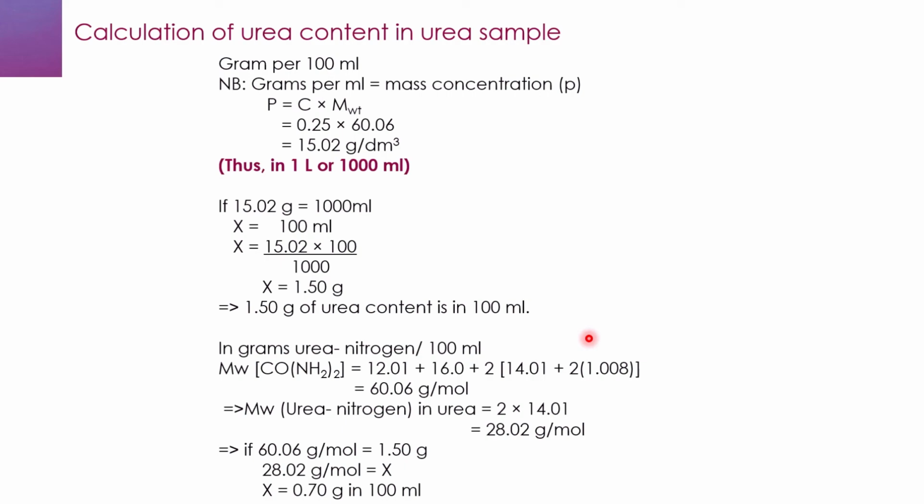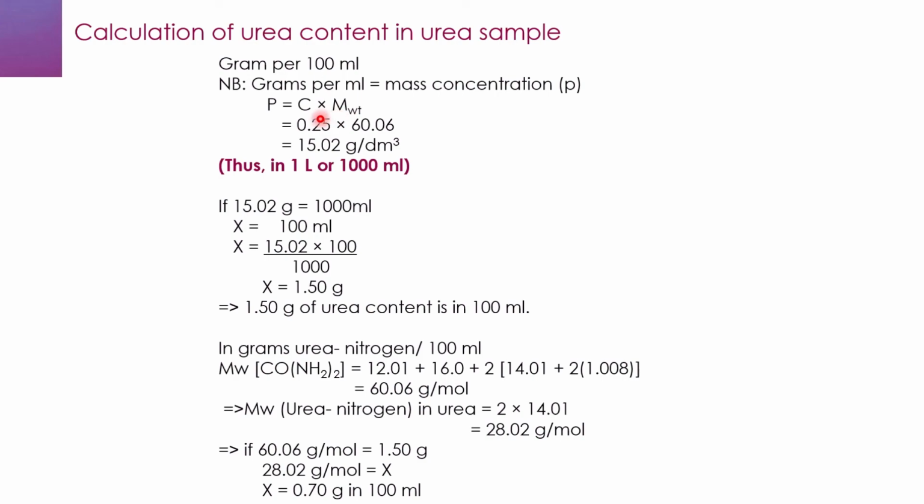So now, from our previous calculations or from the mole ratio, let us do the calculation of urea content in the urine sample. So we'll start by looking at the gram per 100 mils. What we have to note is that grams per mil is the same as the mass concentration, and mass concentration is given as the molar concentration times the molecular weight.